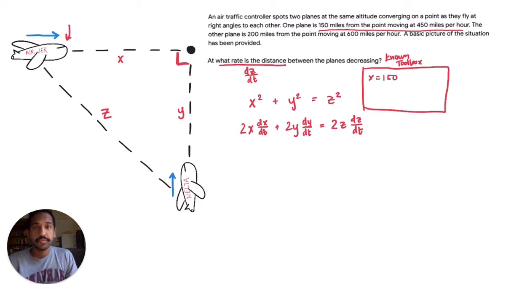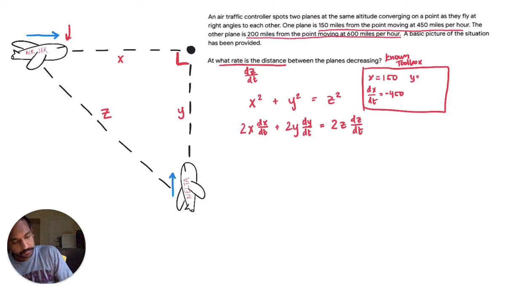And also, it's moving at 450 miles per hour, so that means dx dt will equal, and since it's moving closer to the point, that distance is getting smaller, it's moving at negative 450 miles per hour. Now we know y for the second plane, it says, is 200 miles. And dy dt, again, that distance is getting smaller, so this will be negative 600.